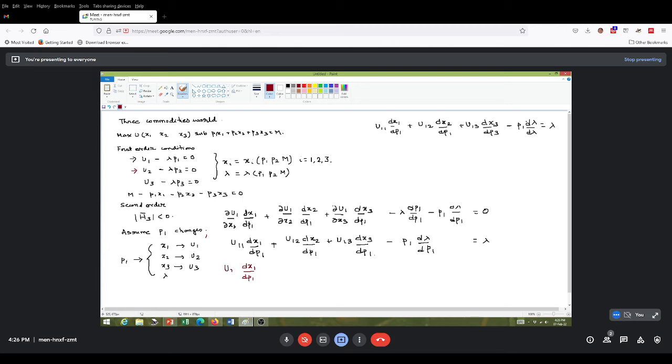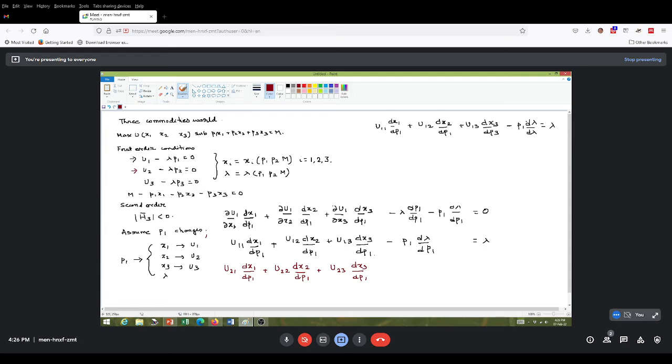So this becomes u21. Remember, it's always 2. This will be u22 del x2 by del p1, and this will be u23 del x3 by del p1.